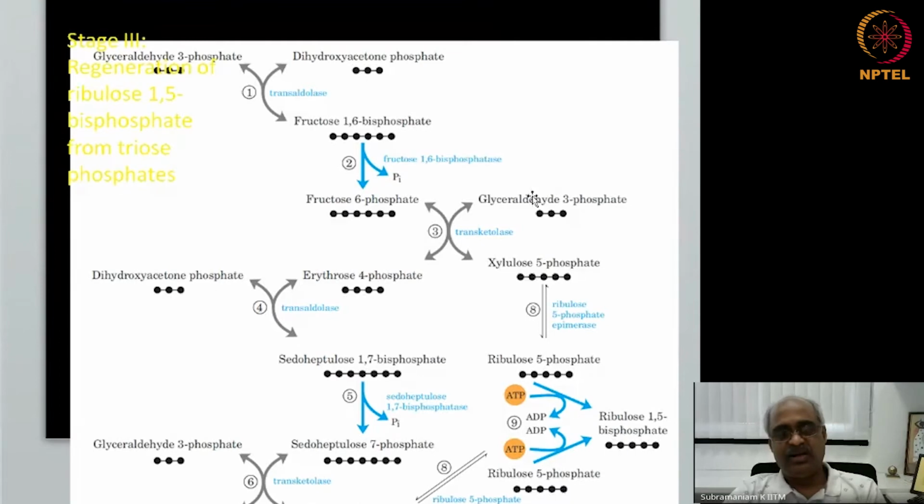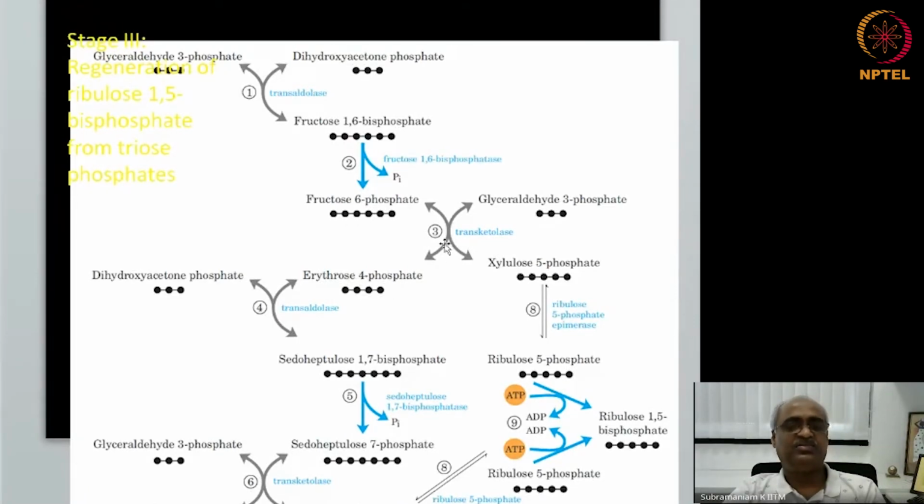Then from here, this is a keto group, and the 2 carbons above the keto group are transferred to an aldose. Glyceraldehyde is an aldehyde, and that is why the enzyme is called transketolase. So this aldose becomes ketose, and then it produces the remaining part, which is an aldose again.